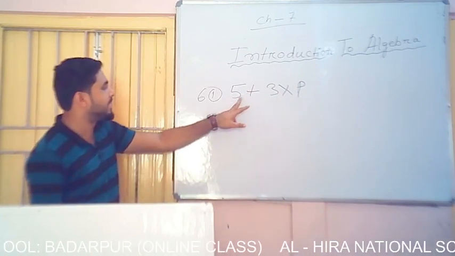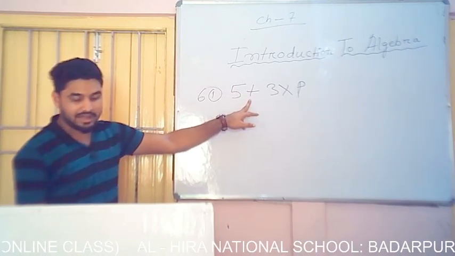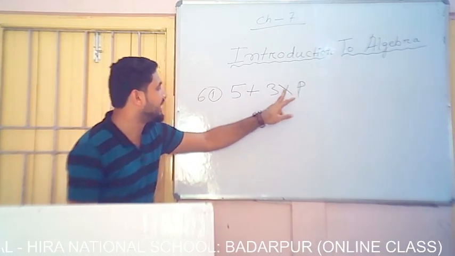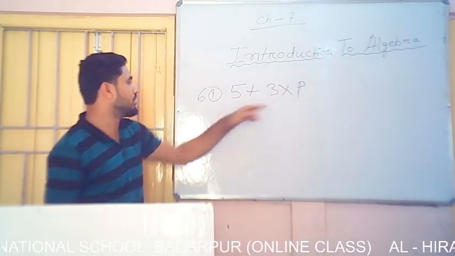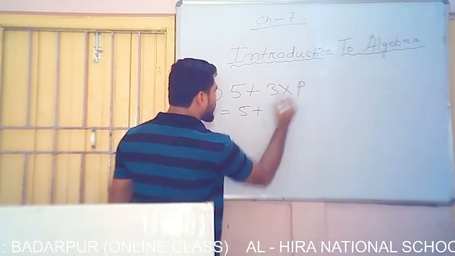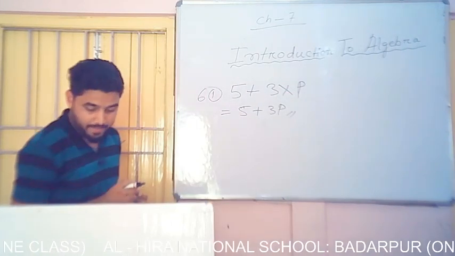Times of means into. So if I write, then it will become 5 plus 3 into p, 3 into p means 3p, which is your answer.